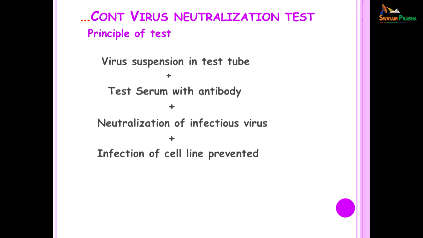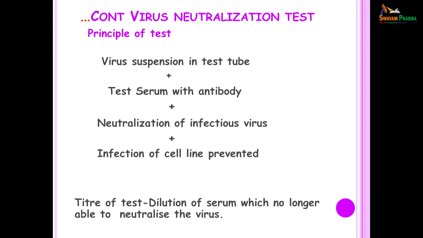Now, if antibody is present, the virus will get neutralized, and when you add this combination, this viral suspension plus the patient serum, to a tissue culture, you will find that there will be no cytopathic effect.